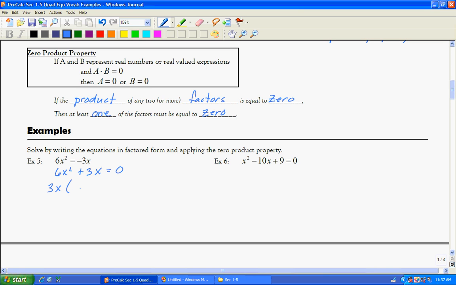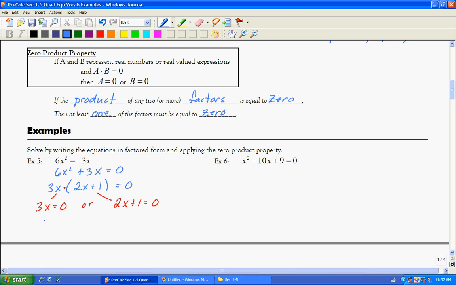So when we do that, we're left with 3x times (2x plus 1), and that equals 0. Well, if we look at the two things that are being multiplied together, we have 3x and we have 2x plus 1. So we're going to separate those into two separate equations that equal 0. And then we're going to solve those separately.